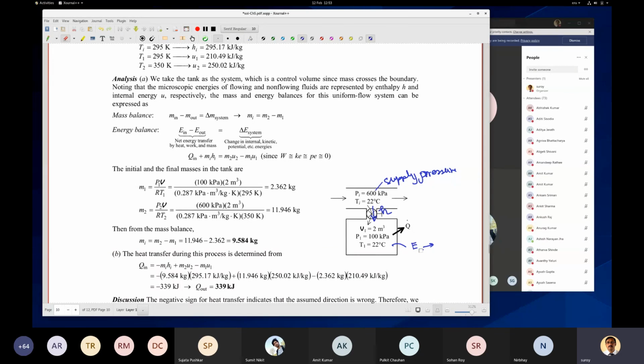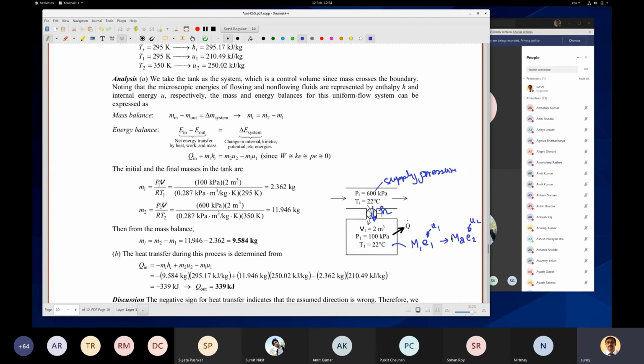Write it. So what will happen is, so you will have M1 E1 going to M2 E2, right? E basically means U. So M1 U1, M2 U2.